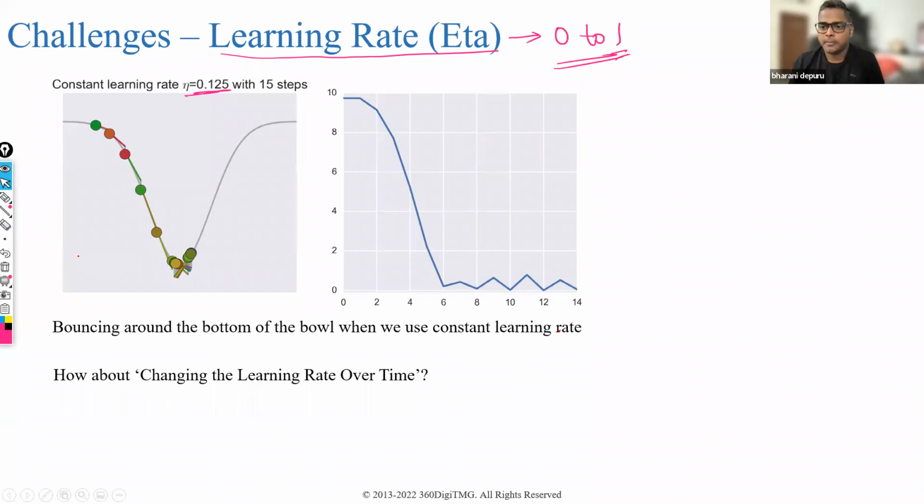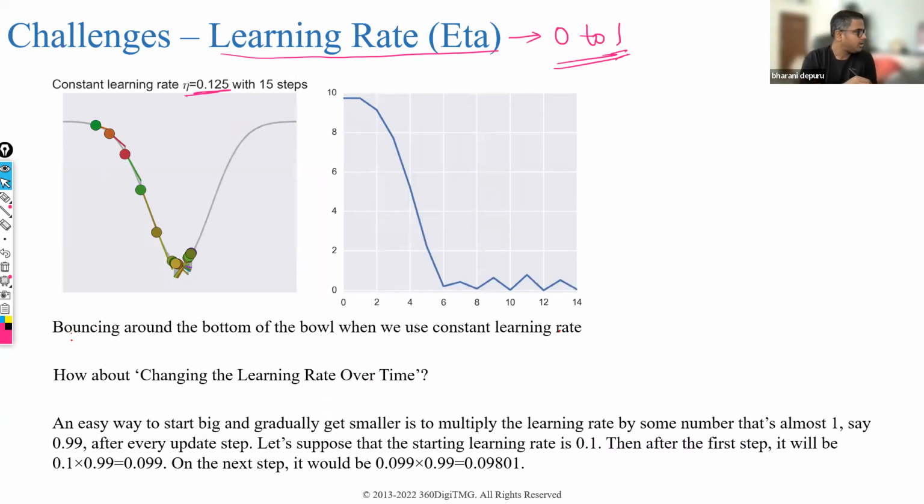To counter this, people have come up with changing the learning rate over time. Rather than use a constant learning rate, they started using a changing learning rate. At every step, that is after every epoch or after every iteration, when the weight gets updated, let us reduce the learning rate. You can probably start with a learning rate of 0.1.